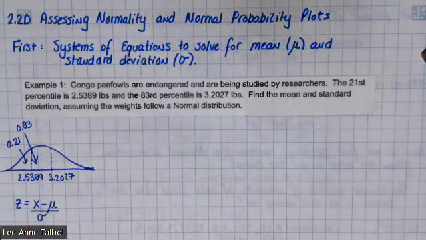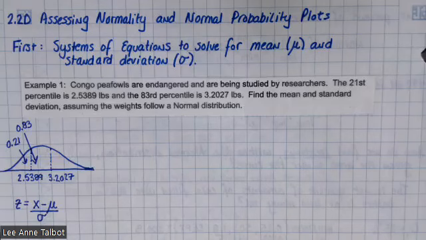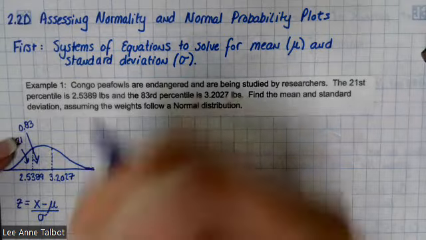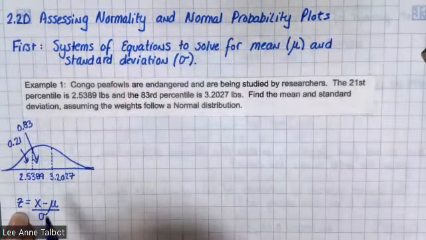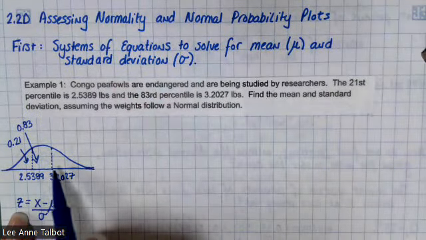Z-score. Exactly. So I'm going to use two Z-score formulas right next to each other to do a system of equations. Okay. My first step is that I need to find the Z-score of these two spots.